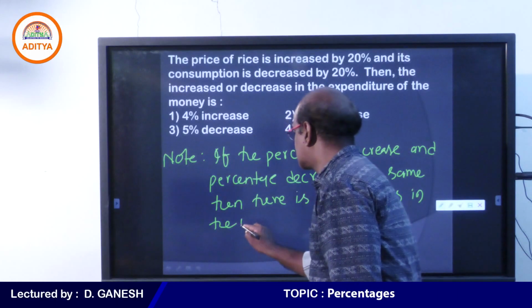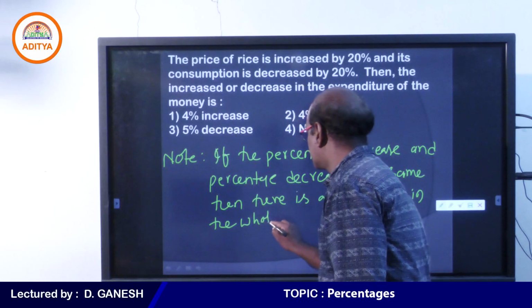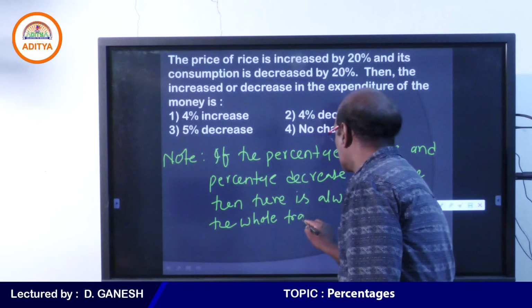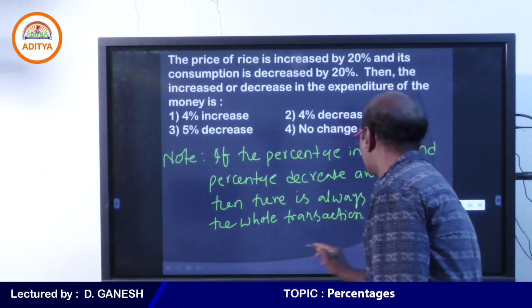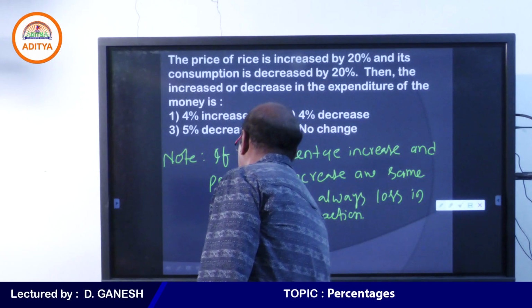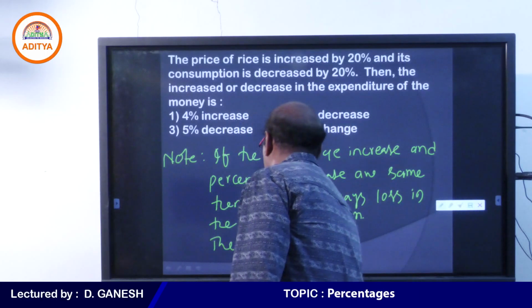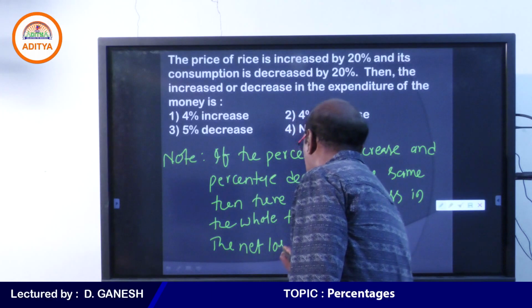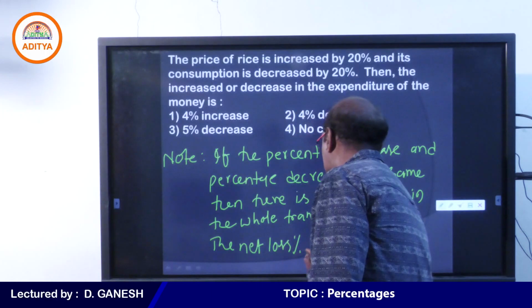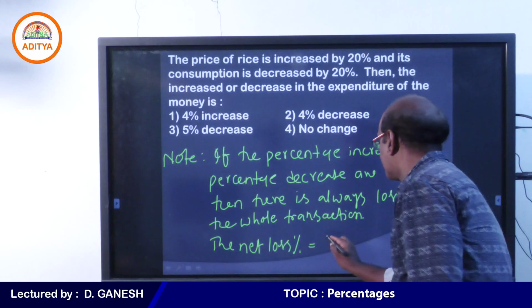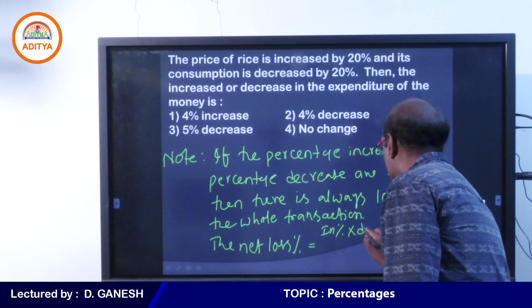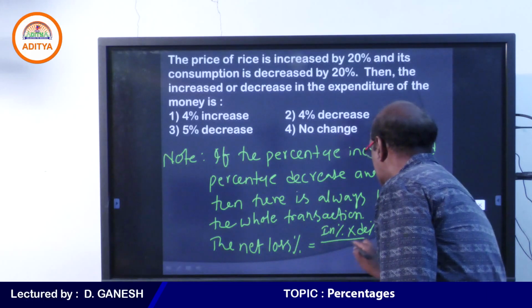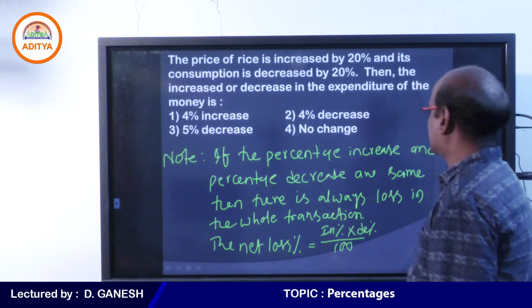Then there is always loss in the whole transaction. The net loss percent is equal to percentage increase into percentage decrease by 100.